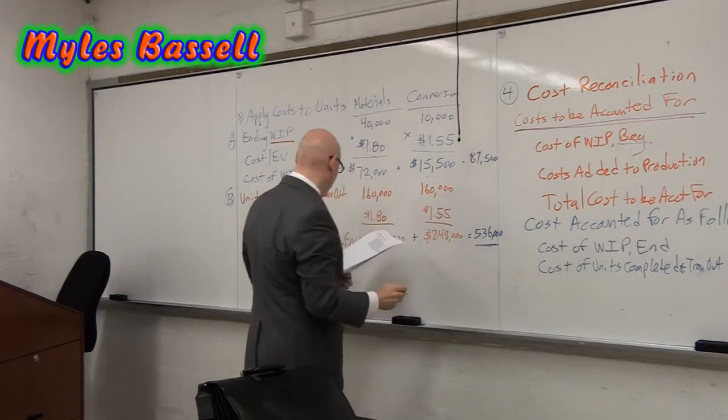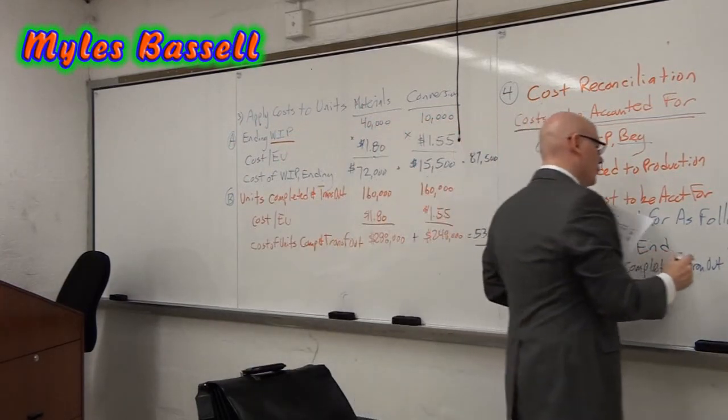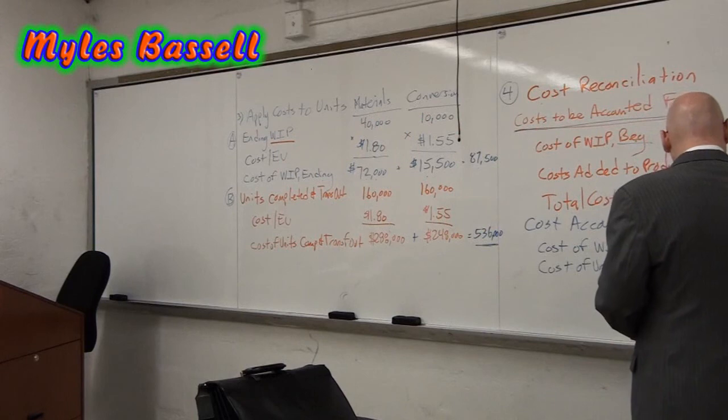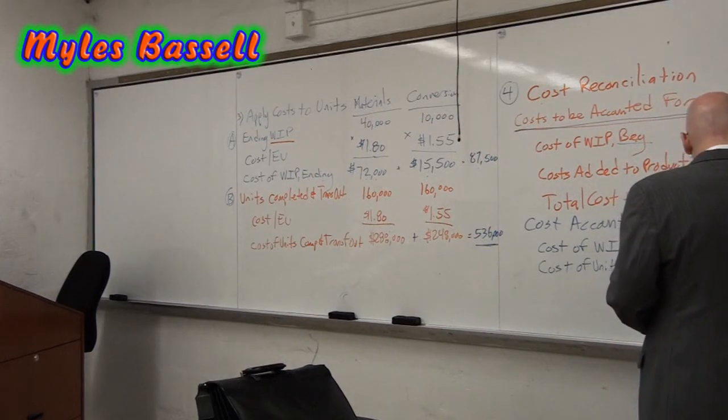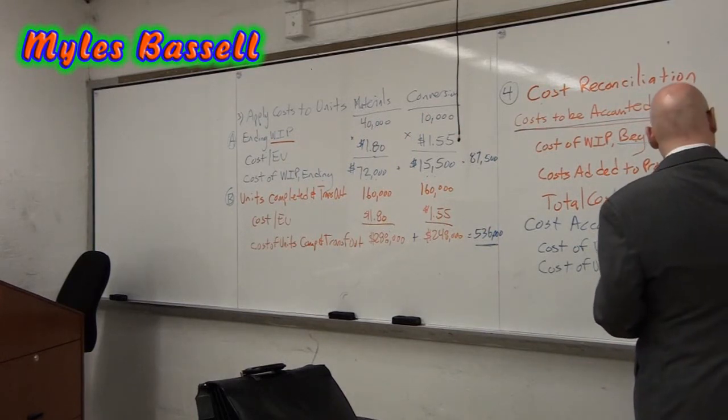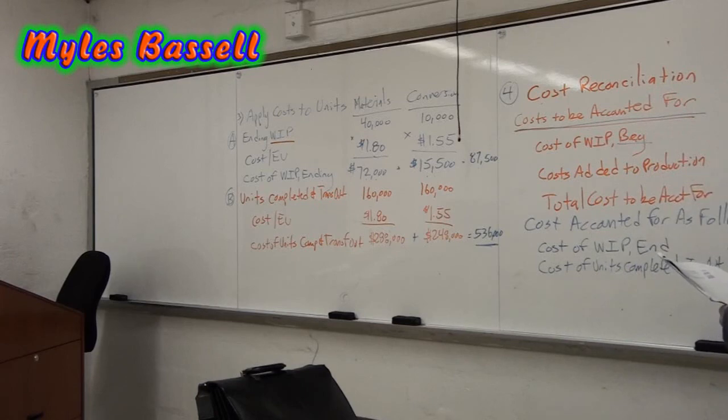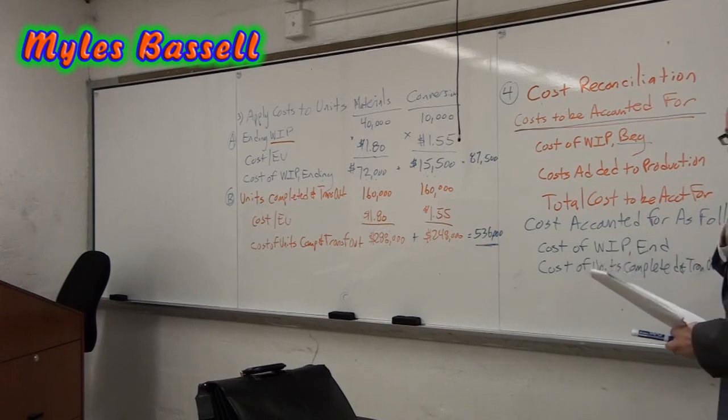Which is this, right? Well, these numbers are different. Here we have 50,000, here we have 87,500. Here we have 573,500, and here we have 536. So we gotta see. Let's hope. Let's see what happens.